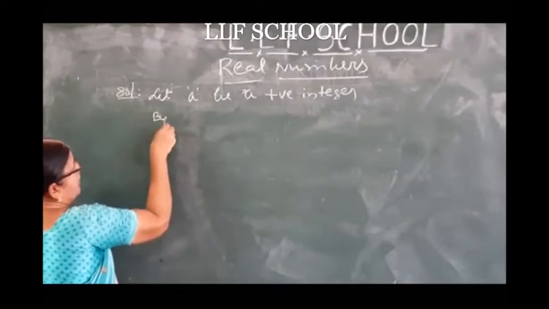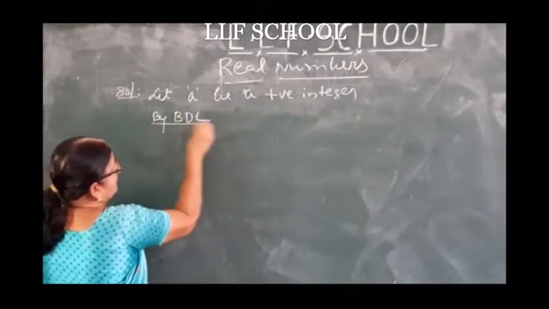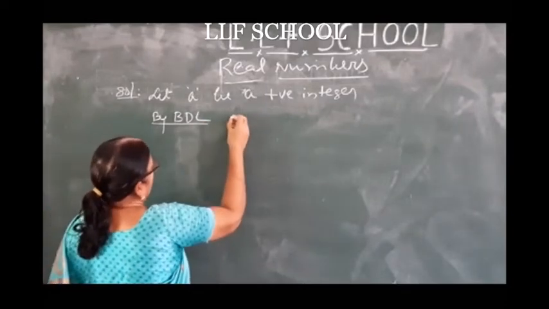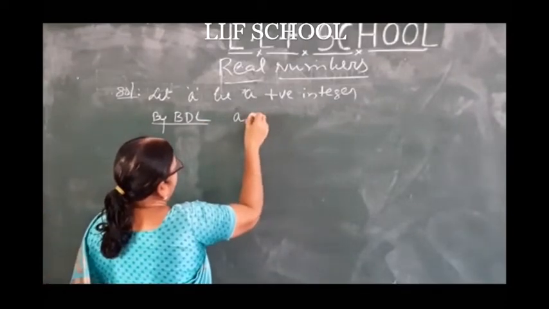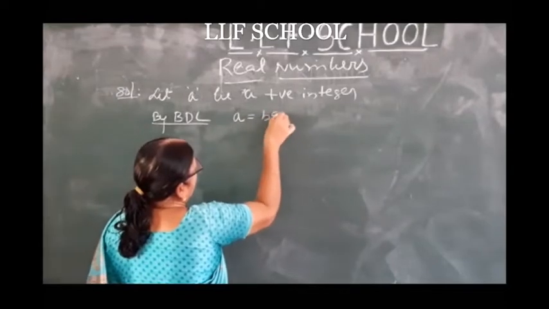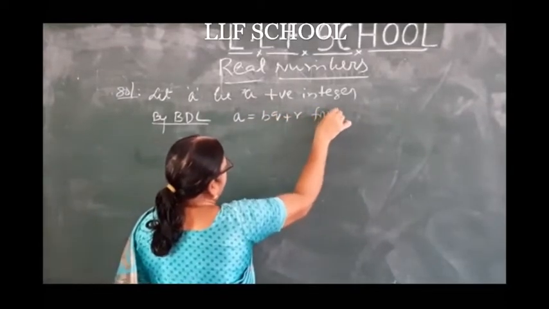By the division lemma, a is equal to bq plus r form.